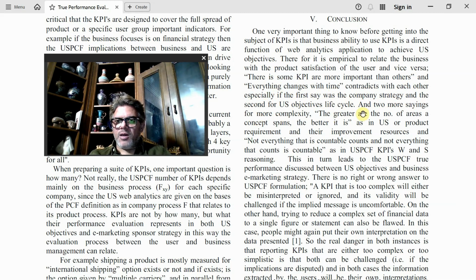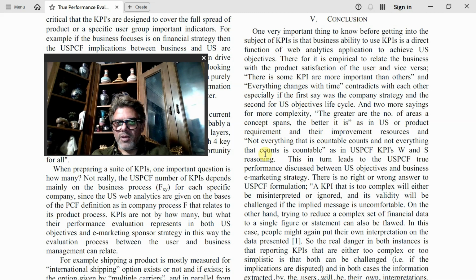The greater the number of areas a concept spans, the better it is, as in user satisfaction or product requirements, and their improvement, resources. And the others say not everything that is countable counts, and not everything that counts is countable.